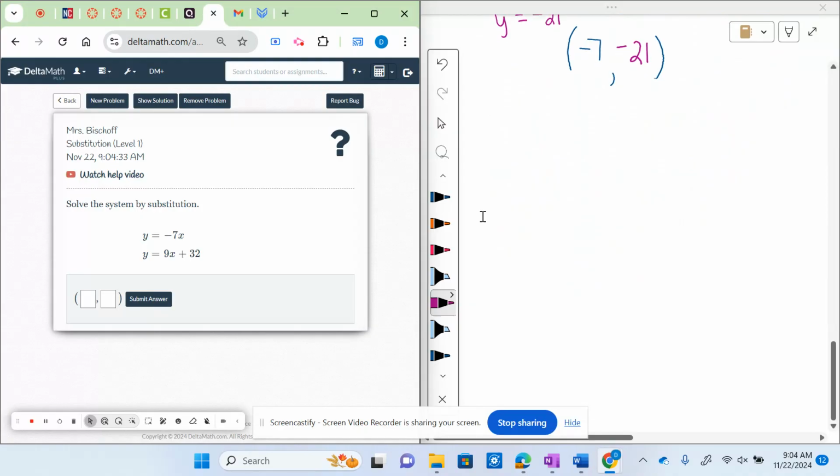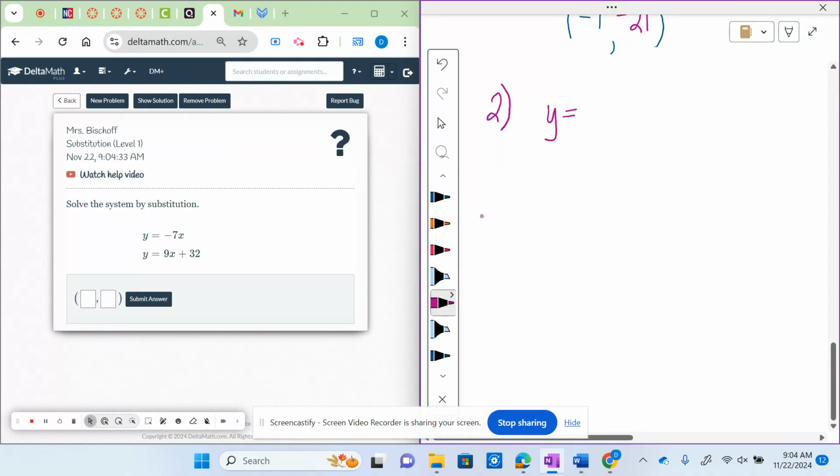Okay. So let's go to question number 2. This is question number 2 that we're going to do together. y equals negative 7x and y equals 9x plus 32. What do you want to do? Move the negative 7x where the y is.